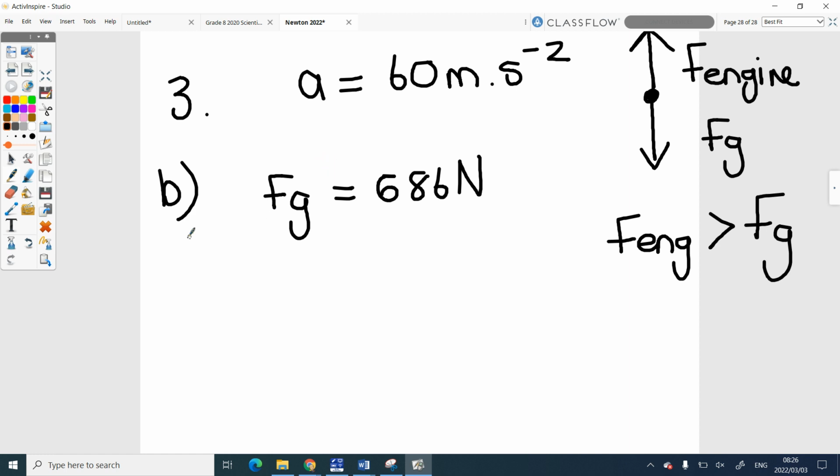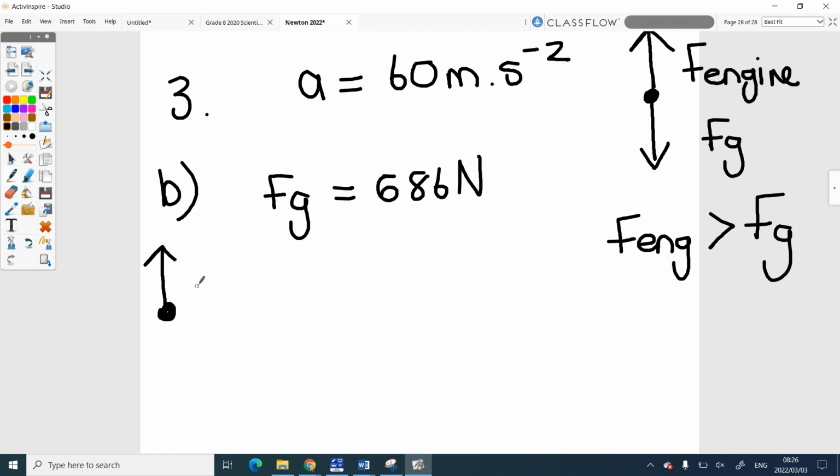But now, if they're asking me for the upward force on the astronaut, when I draw my free body diagram, am I going to draw it for the space shuttle or for the astronaut? The astronaut. So if I draw the dot as my astronaut, what is pulling my astronaut up?